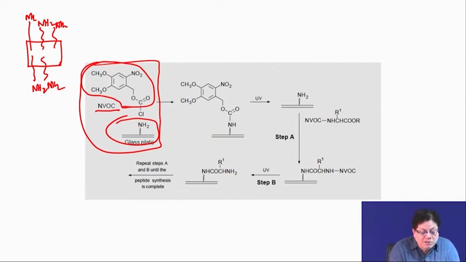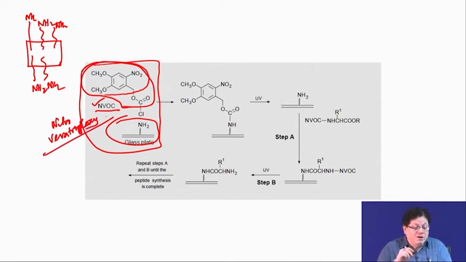So, this group is what is called the veratryl group, the nitro, sorry, this is nitro, I am sorry, this is nitroveratryloxy group. Okay. Nitroveratryloxy group, that is this. And then veratryloxycarbonyl, then you have the carbonyl.